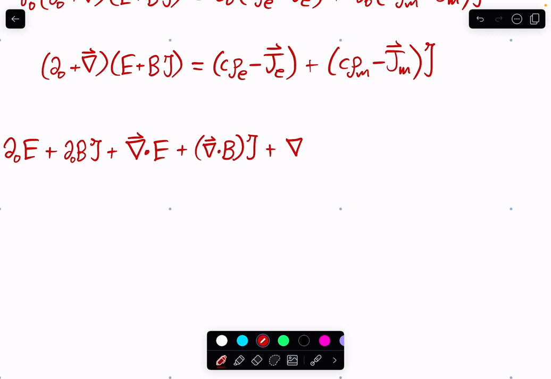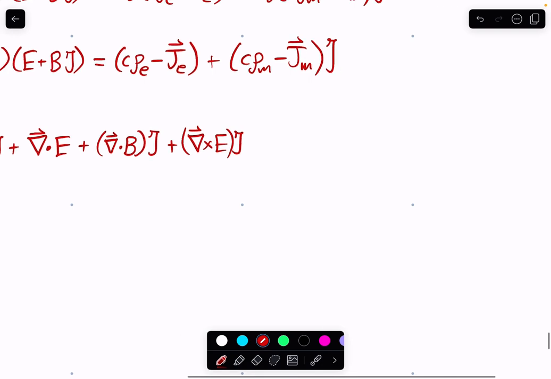Here, hang on, what would it be? Yeah, no, plus the curl of E I plus, or sorry, minus curl of B. The I that shows up here in the curl cancels with the I on the B, so you get a negative sign.